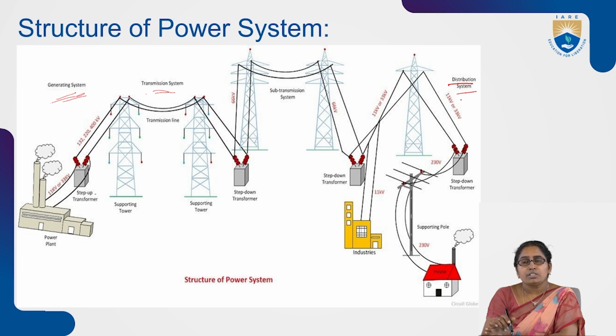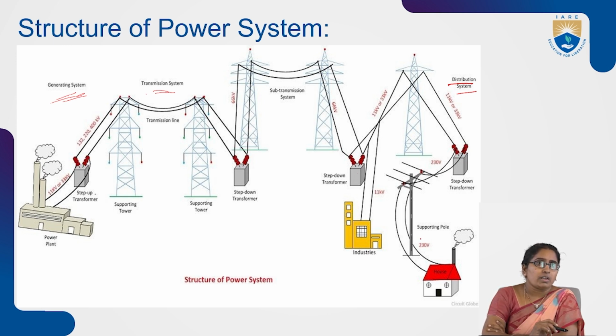That is called the distribution system. The fourth one is utilization, how the power is used. So these are the four things involved in the structure of a power system.